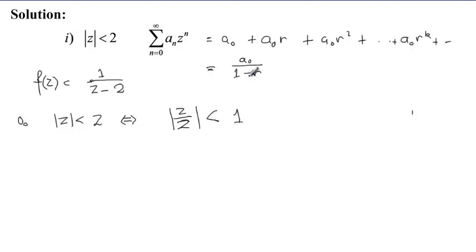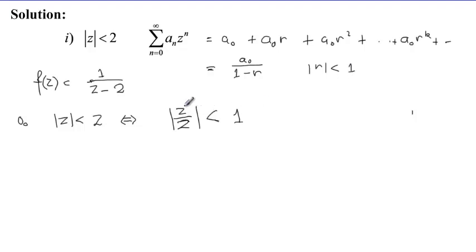So what we can try to do now is manipulate this expression in such a way that we come up with an expression which is similar to this, expressing this as a sum of a geometric series. In this case, this is convergent when the absolute value of r is less than 1.